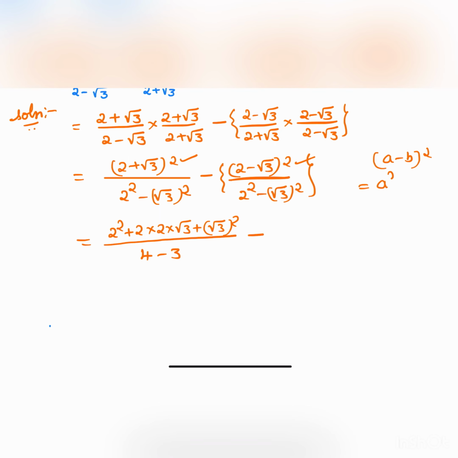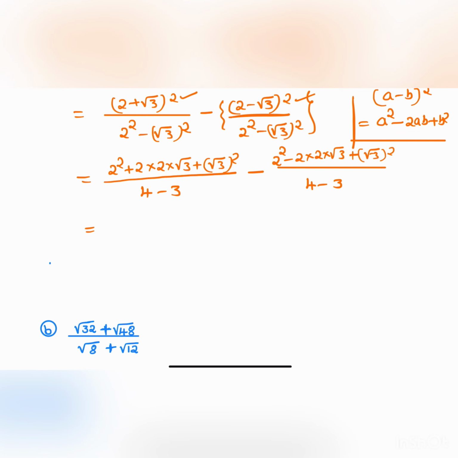We can write it as a square minus 2ab plus b square. So if we implement that formula here, it will be 2 square minus 2 into root 3, and then plus root 3 whole square, divided by 4 minus 3.